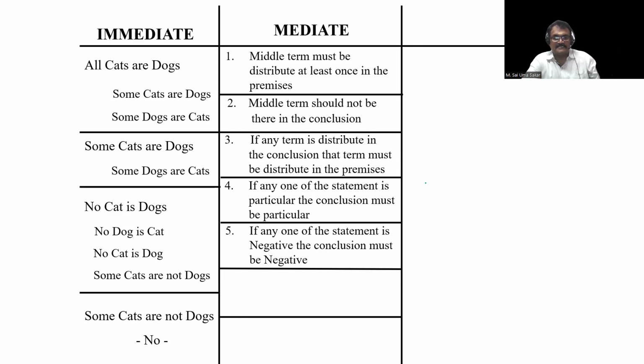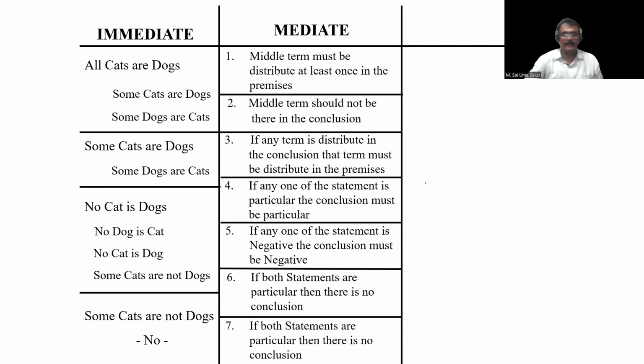If any one of the statements is negative, the conclusion must be negative. If both statements are particular, there is no conclusion. And if both statements are negative, there is no conclusion.